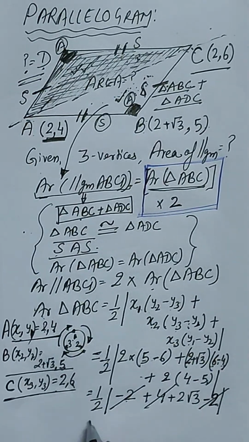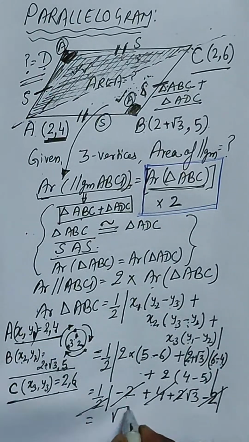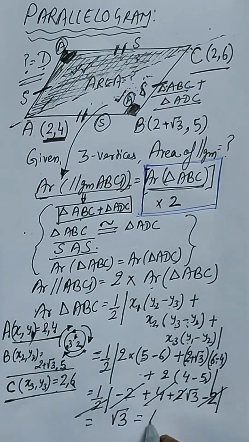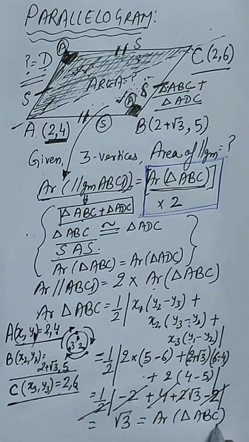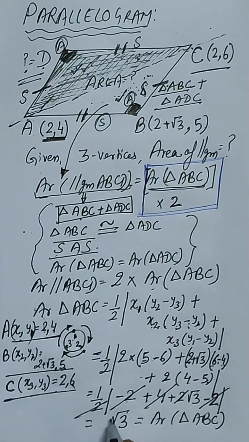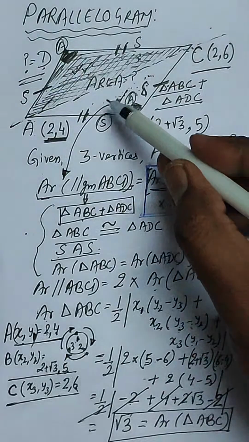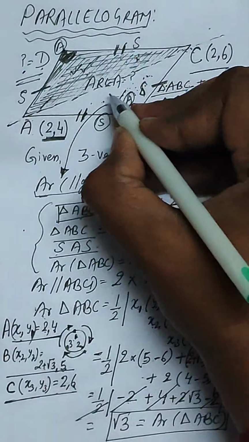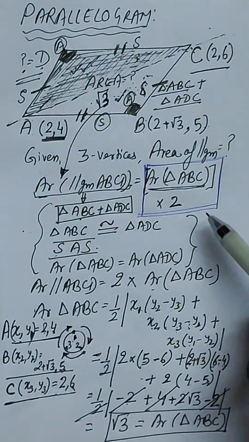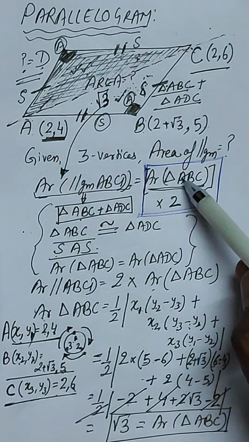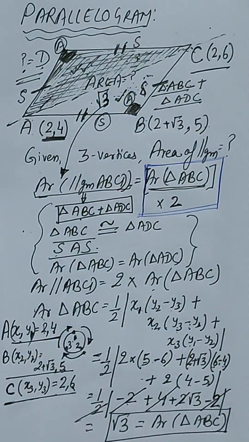So my dear friends, dividing by 2, we get root 3 as the area of triangle ABC. The area of triangle ABC is calculated as root 3. We know that this area multiplied by 2 will give you the area of the parallelogram.